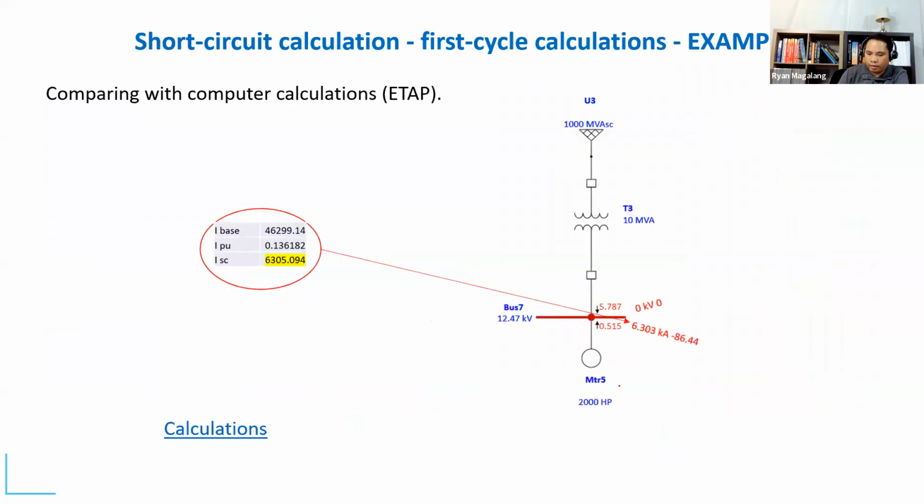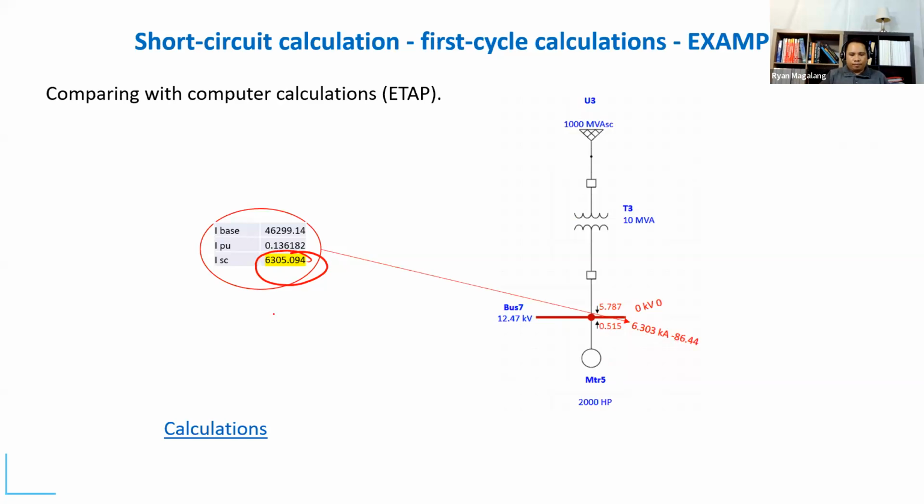And when we compare that with our ETAP calculation, 6.303 kA or 6,303, we have obtained 6,305. Very close, to account for some iteration of software, which Excel cannot do.